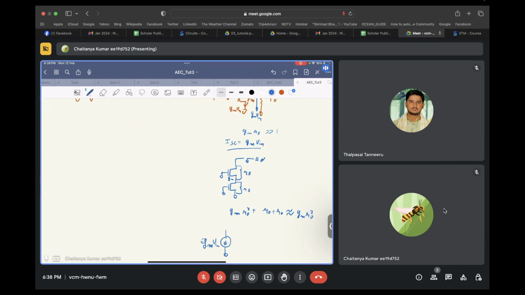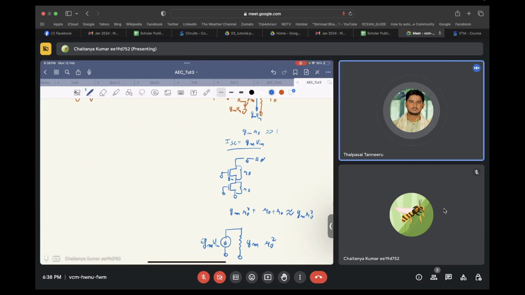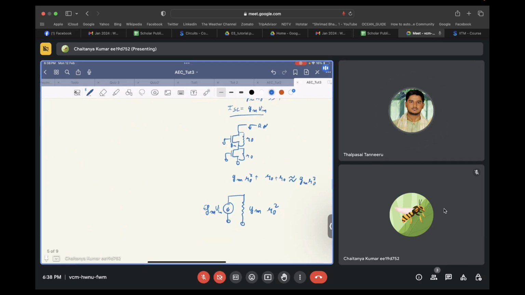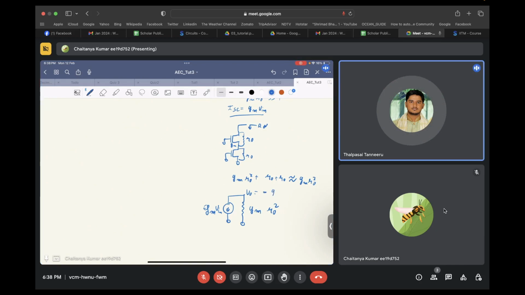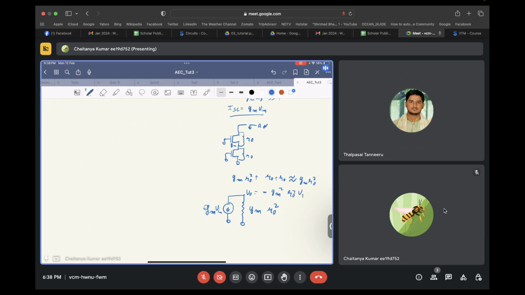Okay, so your gain now basically looks like gm v in in parallel to gm times R0 squared. Correct? Yes, sir. So the output voltage here is equal to minus gm square R naught square into v in.